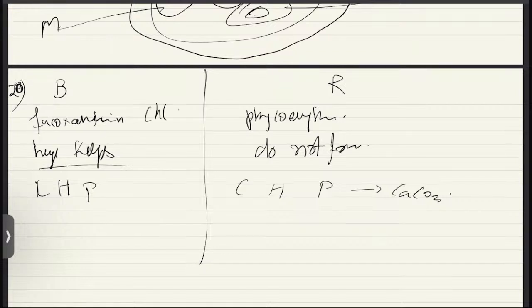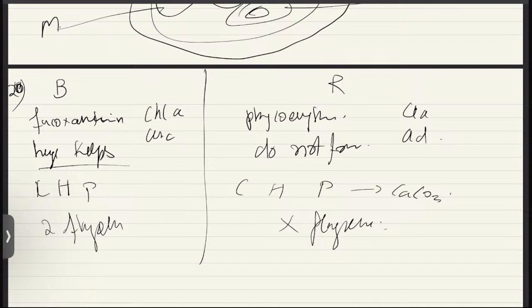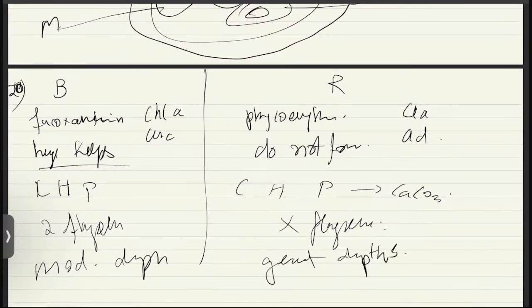Chlorophyll A, chlorophyll C in brown algae. But in red algae, chlorophyll A, chlorophyll D. Okay. Brown algae have flagella. Red algae, no flagella. Brown algae live in moderate depth. Red algae live in great depths. And there is a table in NCERT which you have to learn.